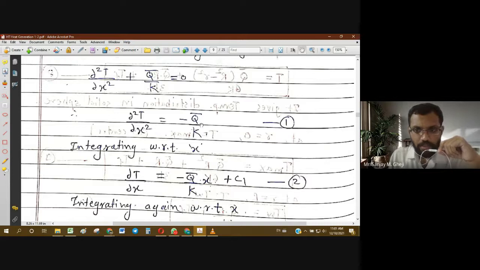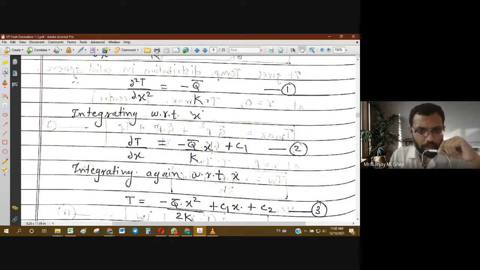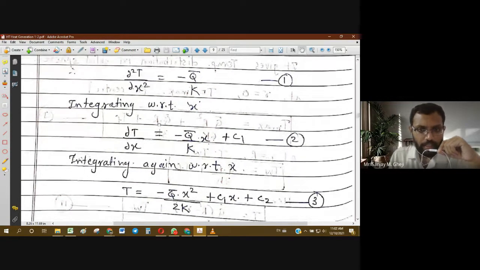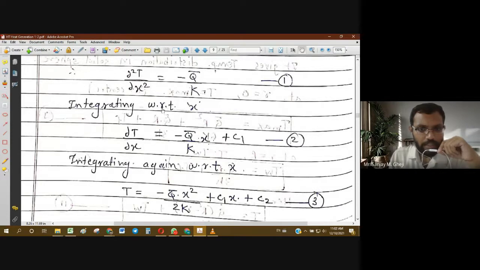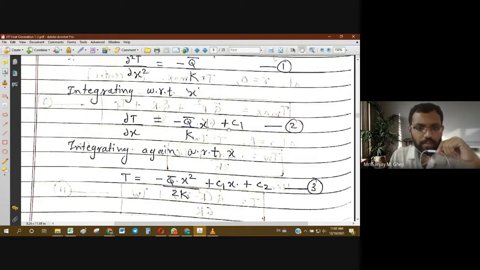Shifting this to the right hand side, d²T/dx² equal to minus q bar by k. Call it equation 1. Now we are going to integrate it twice so that we will get the constants. First integrating with respect to x, it reduces to dT/dx equal to minus q bar by k into x plus c1, where c1 is the constant of integration.